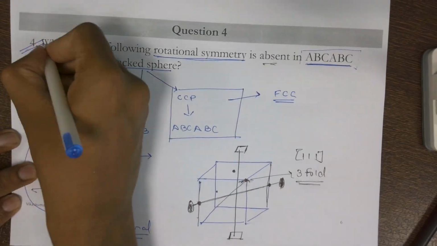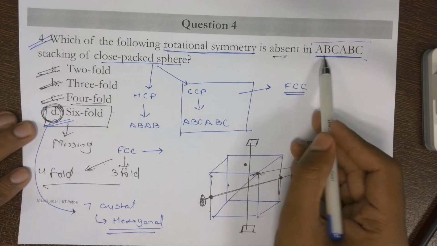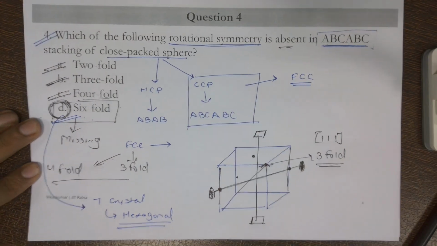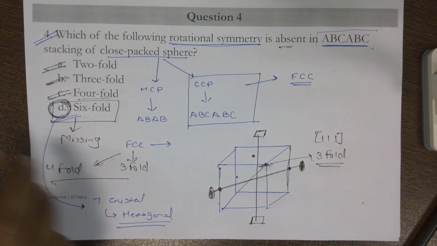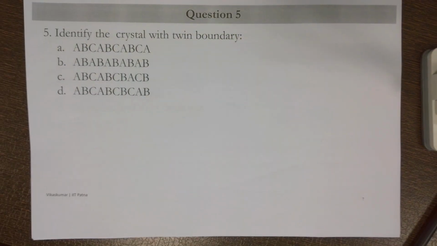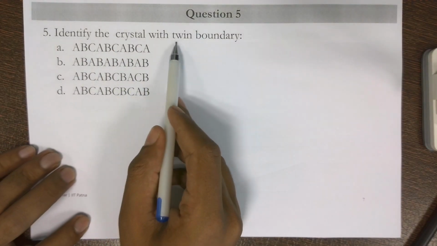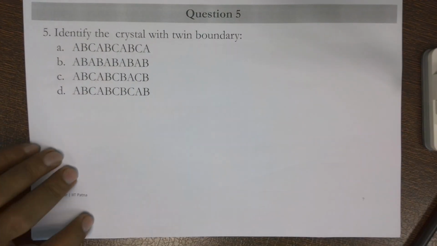So with that, we have solved this question, and the answer is sixfold is not there in this particular stacking. Okay, great. So with that, we have solved these 4 questions. Now let's go to the next question, question number 5. Identify the crystal which has the twin bond ring.